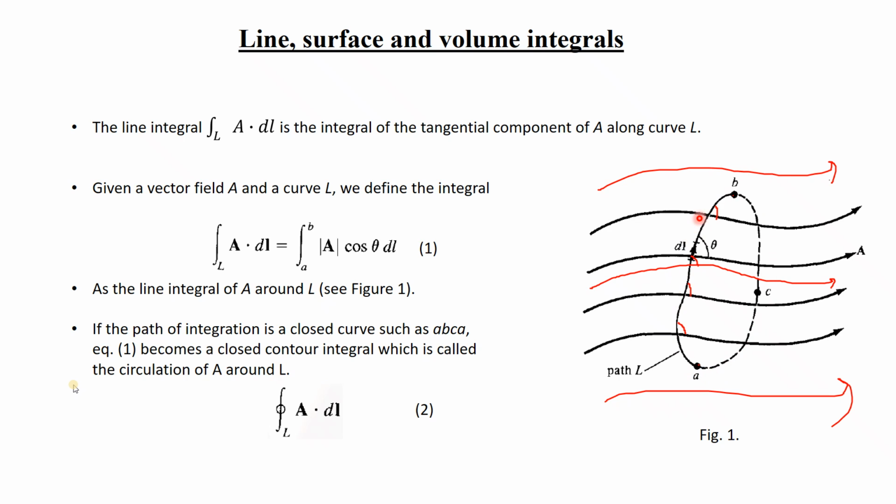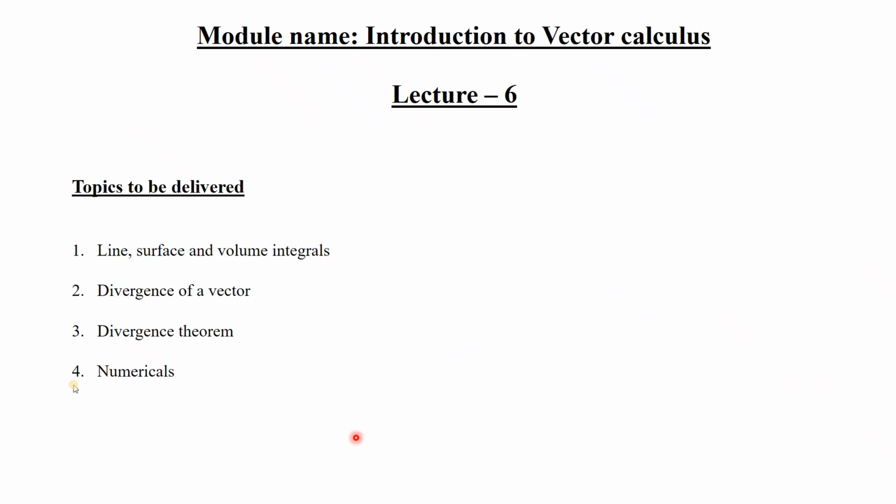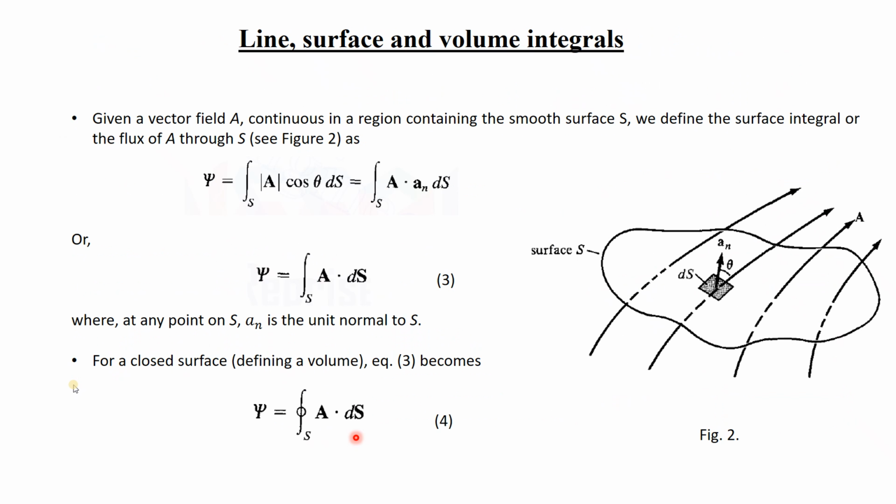Closed contour means a curve which is starting and ending at the same point, because it is a complete curve. So that is also a line integral, but we call it a closed line integral. The equation will be the same, you just have to put a circle on the integration sign.